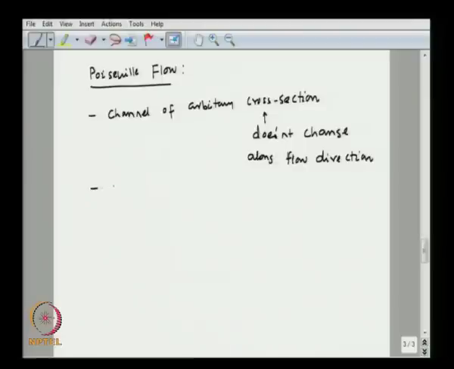Okay. And here we make some assumptions. We say that the flow is uniform, it is steady, and the fluid is Newtonian. Okay. Under that assumption, we can obtain an analytical solution.